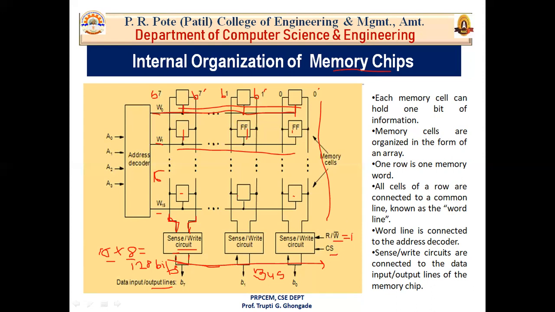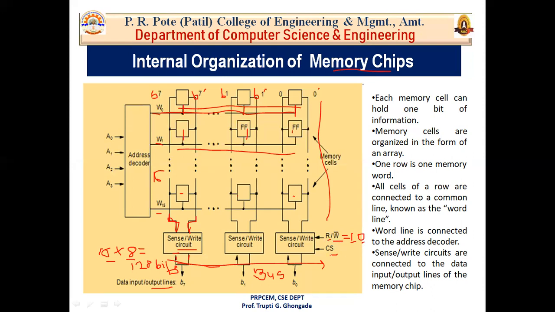If it is set as 0, then it corresponds to a write operation, because R is 0, but W bar becomes 1. So if it is set as 1, it will perform a read operation, and if it is set as 0, it will perform a write operation.